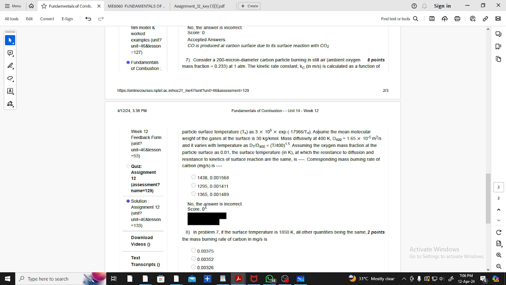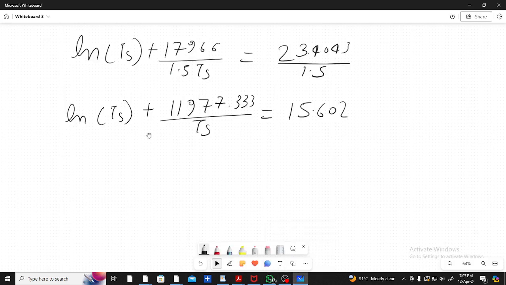Is it 1438? Yeah. See, you can also do one thing. Suppose you know the equation and you know the options. You can substitute these options and see which option satisfies the equation. Such a question they won't ask in the exam, but it may be an optional question, because no one can solve this by iteration with no idea where or how to start.